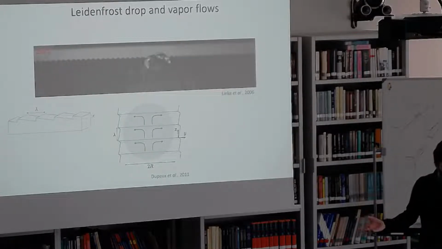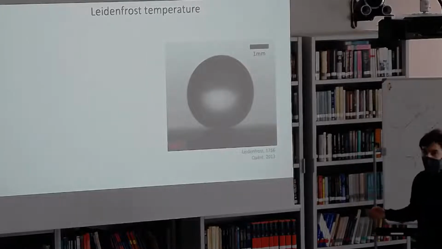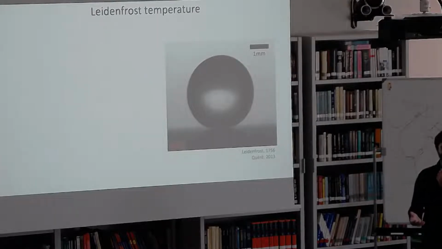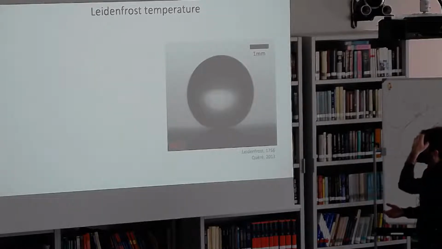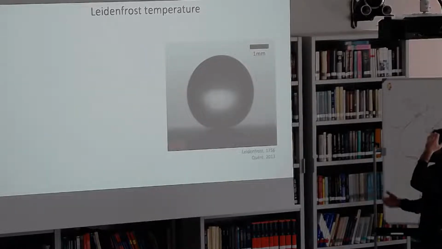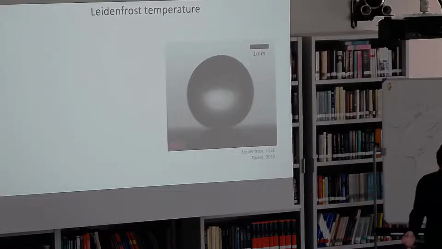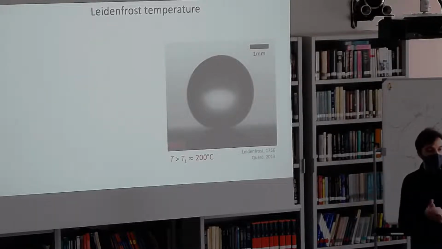But one problem of that effect is the fact that you have to heat your solid, which means you have a very high energetic cost to be able to use all those nice properties provided by the insulation of the droplets. And so the Leidenfrost temperature is known to be, on a smooth solid, around 200 degrees. So you have to go far above the boiling point to be able to observe this phenomenon.